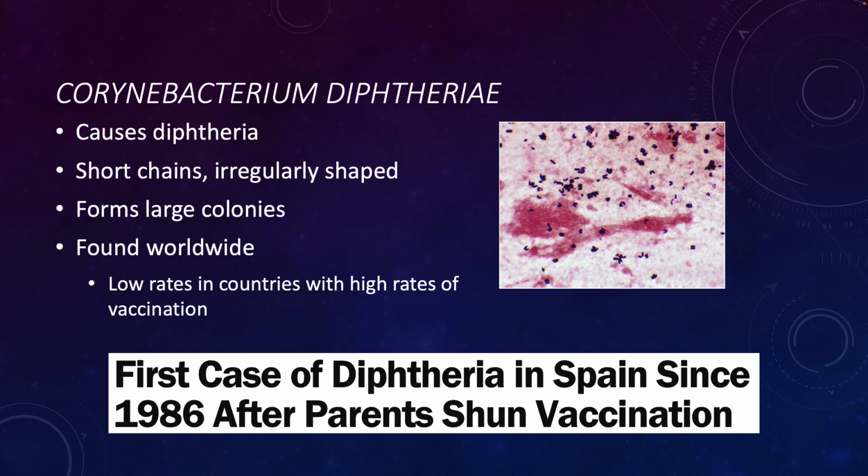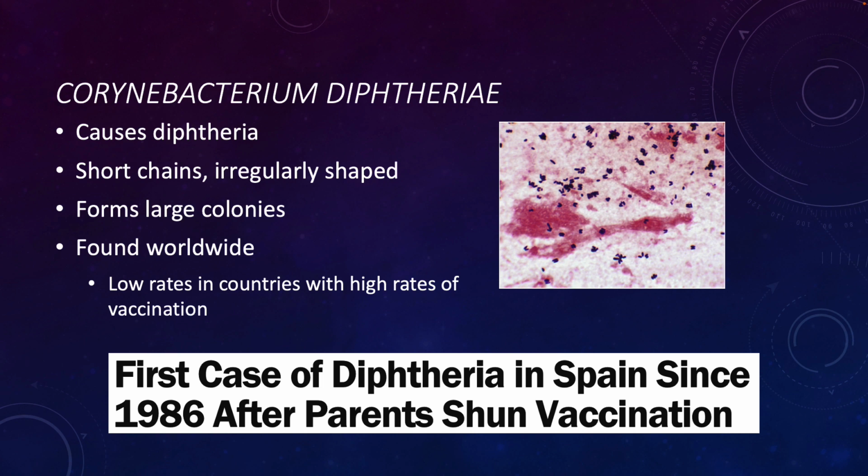I included this headline here: the first case of diphtheria in Spain since 1986, after the parents shunned vaccination. These parents of, I believe, an 8-year-old boy in Spain were against vaccination, or chose not to vaccinate because they thought these diseases didn't exist anymore.